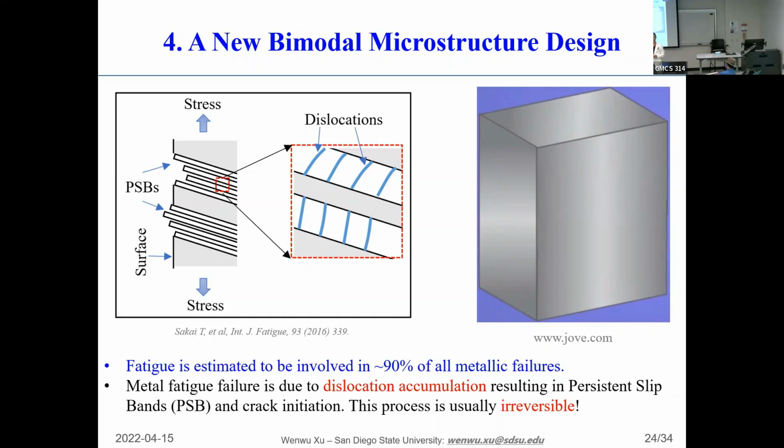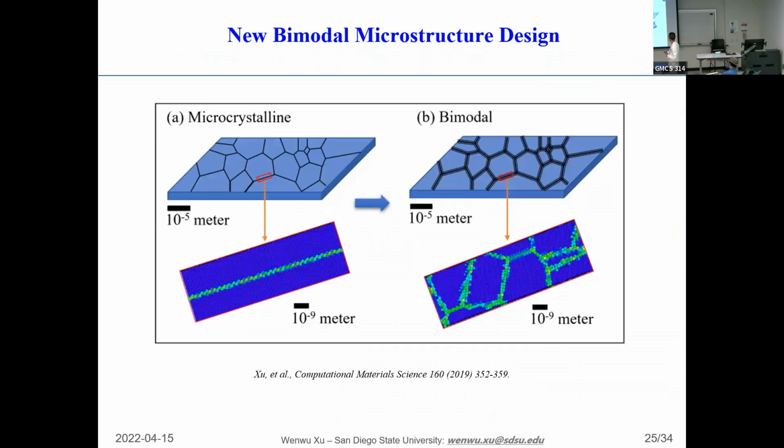So what we are thinking about is, can we design some kind of unique microstructure to be able to avoid this kind of phenomenon? For example, can we make the dislocations reversible through a microstructure design? That is what we tried in our research, using molecular dynamics simulation methods based on the knowledge we just learned from the nanocrystal material.